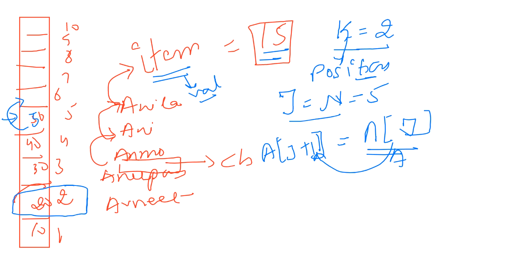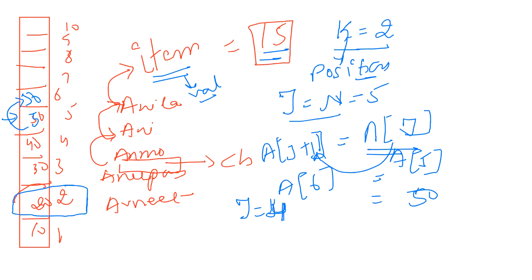A of 5 goes to A of 6. That means A of 5, which is 50, goes to A of 6, so 50 comes over here. Now since 50 has been copied to a position above, now it can be overwritten. Now J will be reduced by 1. J was actually n, now it would be reduced by 1, so it would be 4.